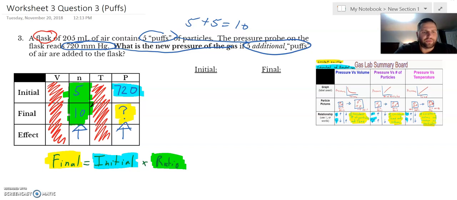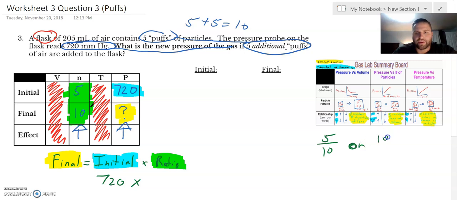My initial value, remember, was 720. And what I have to do is multiply this by a ratio. The two choices I have to multiply by would be 5 divided by 10 or 10 divided by 5.